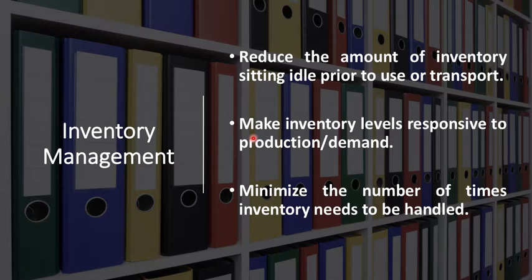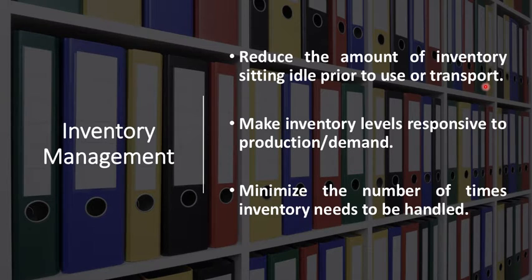So this video is mainly about inventory management, how we can manage that inventory to get better output, reduce cost, and have a better profit margin. Basically, inventory management is to reduce the amount of inventory sitting idle prior to use or transport.